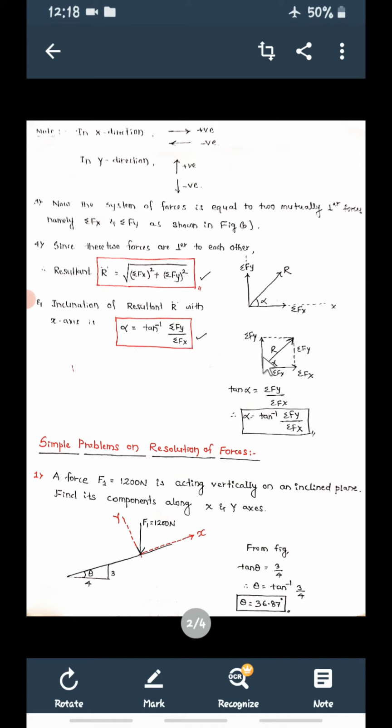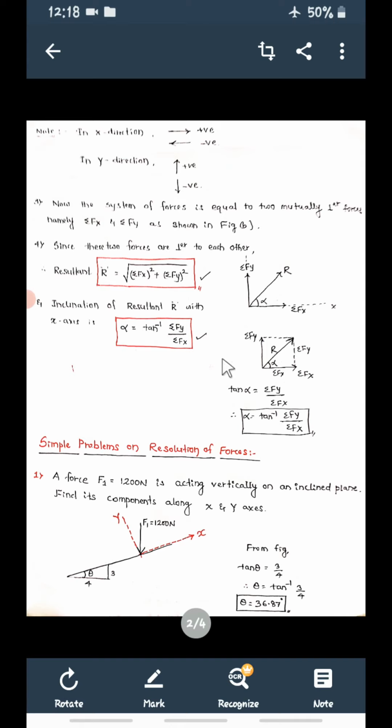Remember this formula also. See here, same thing we have drawn. This is summation Fx, this is summation Fy, and this is the resultant. I want this alpha. Yes, I can find this inclination alpha.